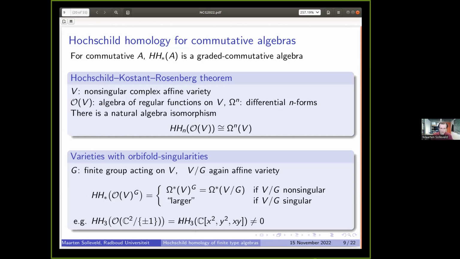At least in degree 3, you can already see by hand that there's a non-trivial contribution, because you can just take the wedge product of d(x^2) with d(y^2) with d(xy), and that in fact presents a non-trivial element in the third Hochschild homology. So there also the Hochschild homology extends beyond the dimension of the underlying variety. So this Hochschild homology behaves in some intricate way if there are singularities in your varieties.